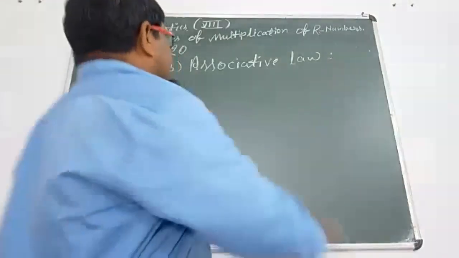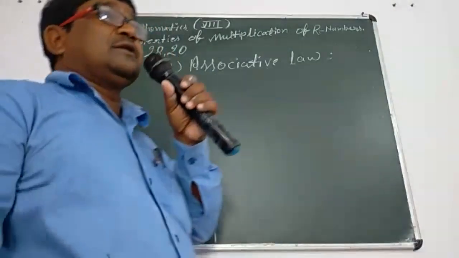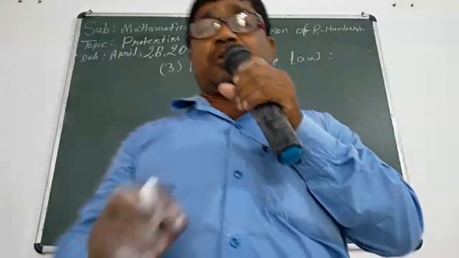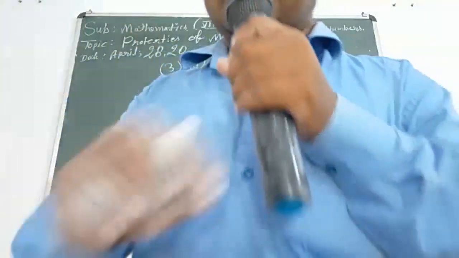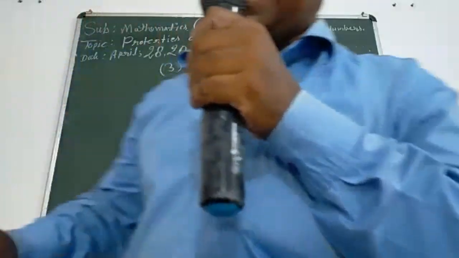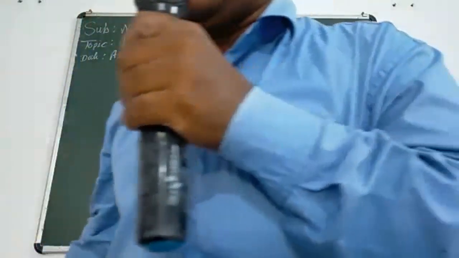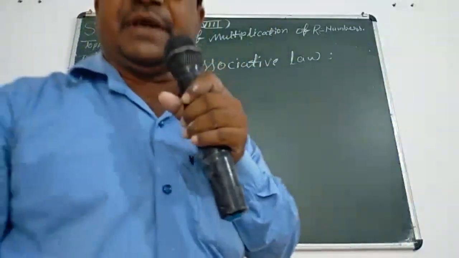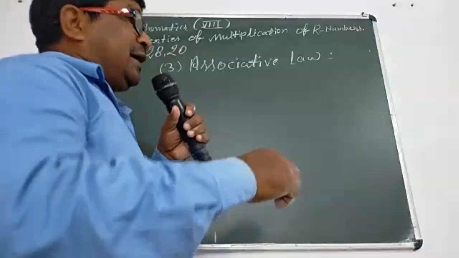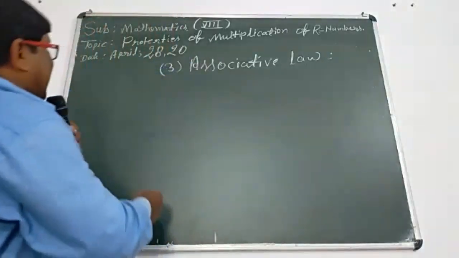Now student, what is this? The product of any three rationals in any order, they will get the same result.